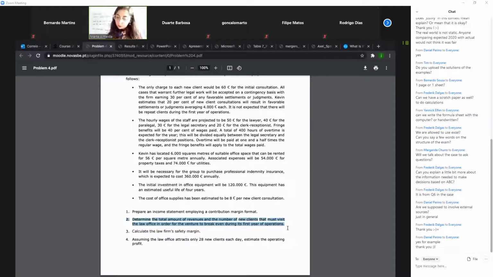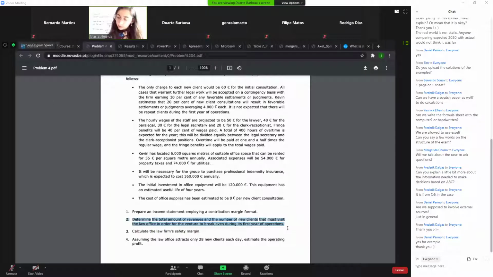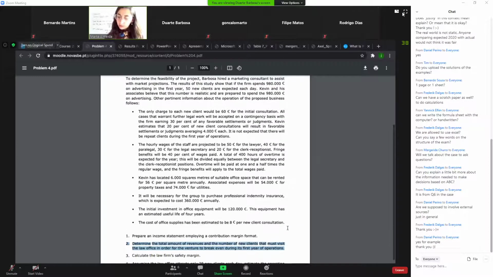E depois nós temos, no primeiro pontozinho, que é no terceiro parágrafo, Barbosa estimates. No, Kevin estimates that 20% of new client consultations will result in favorable settlements or judgments.